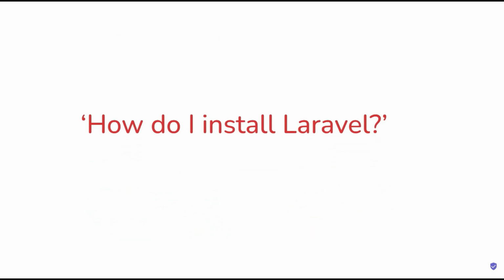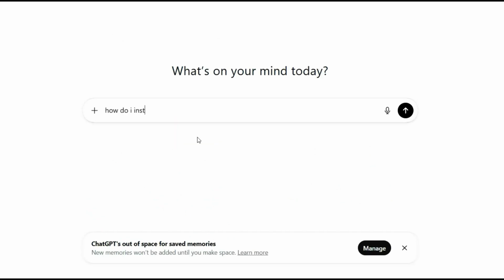Now let me ask you something. When you type in ChatGPT, how do I install Laravel? Do you think it understands English like a human? No, that's not how it works. First, ChatGPT converts your question into a vector embedding. That means your text becomes a long list of numbers, something like this.